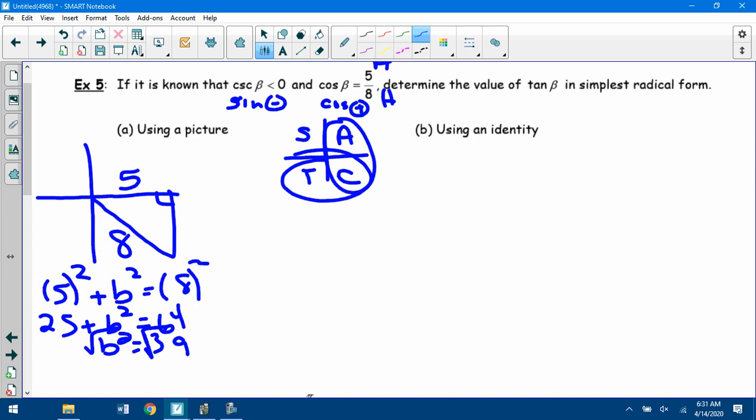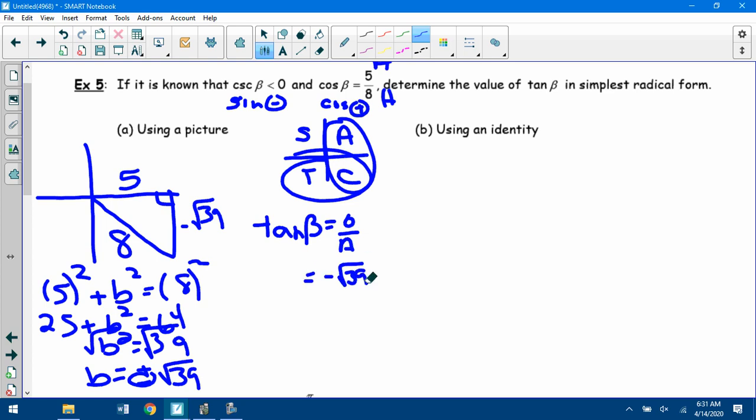Take the square root. B is plus or minus radical 39, but I'm going down, so it's negative radical 39. We want to find tangent of beta. Opposite over adjacent. Opposite's negative radical 39, adjacent's 5. And that's already simplest radical form because nothing goes into radical 39.